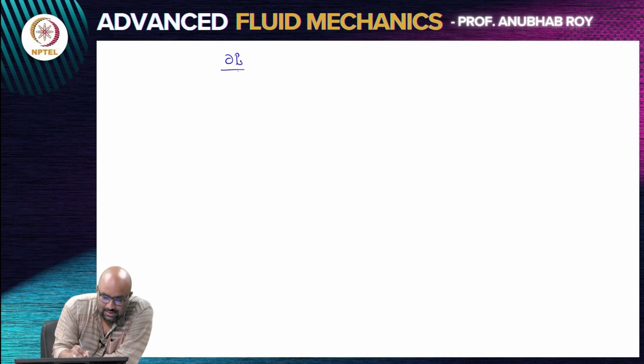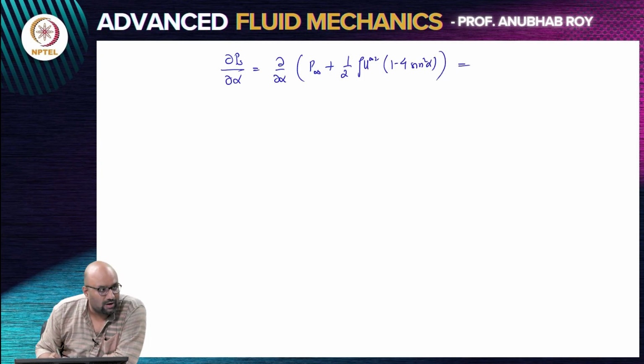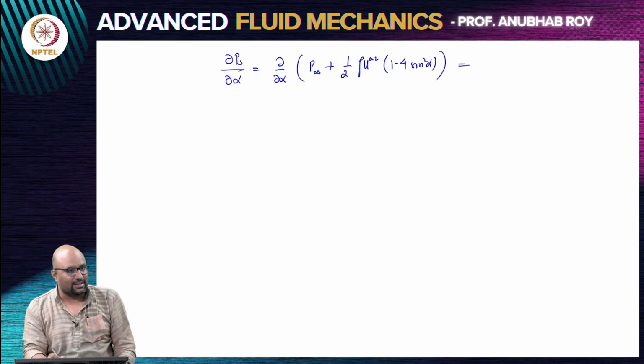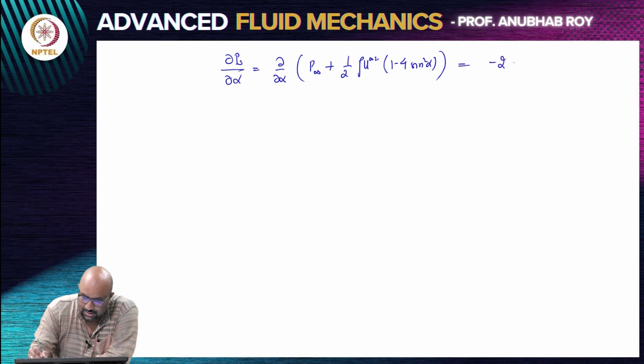Dou Ps dou alpha is dou alpha of P infinity plus half rho u infinity square times 1 minus 4 sine square alpha. Alpha is measured from the negative x axis right now. So, this will be minus 2 rho u infinity square sine 2 alpha.